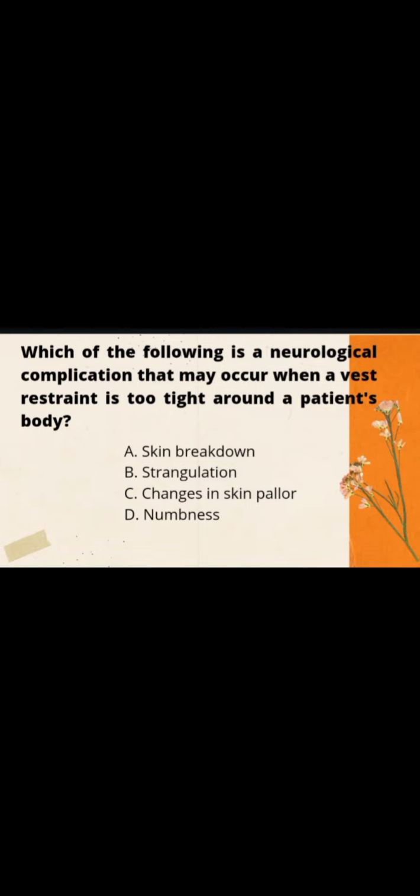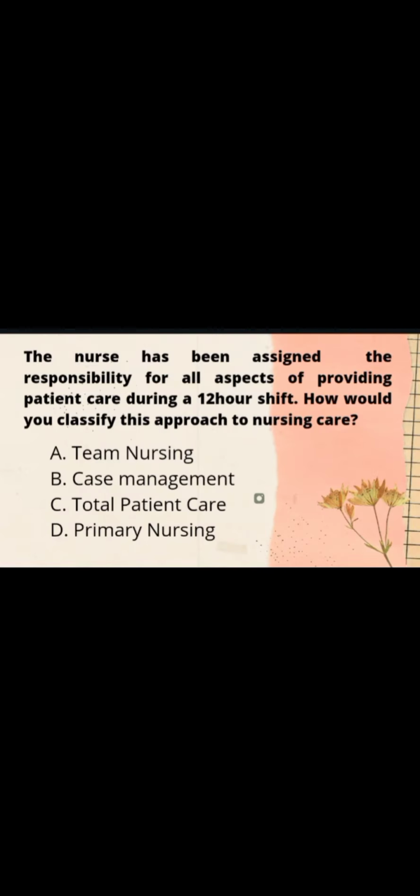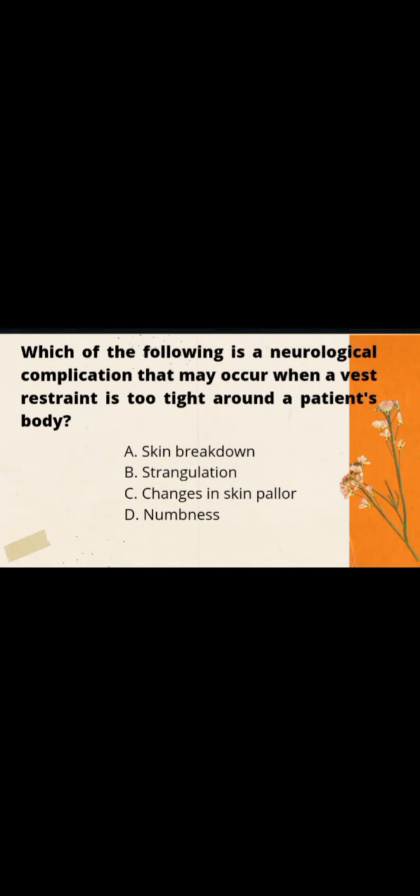The correct answer is letter D. Numbness. The neurological complication that can occur when a vest restraint is too tight around the client's body is numbness and tingling, that unless corrected can lead to neurological damage.